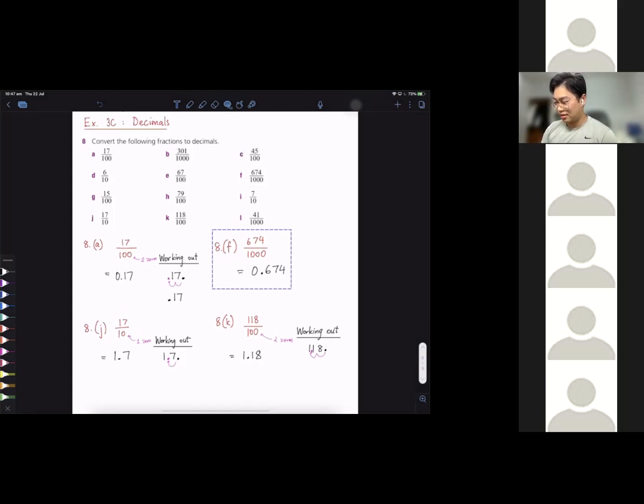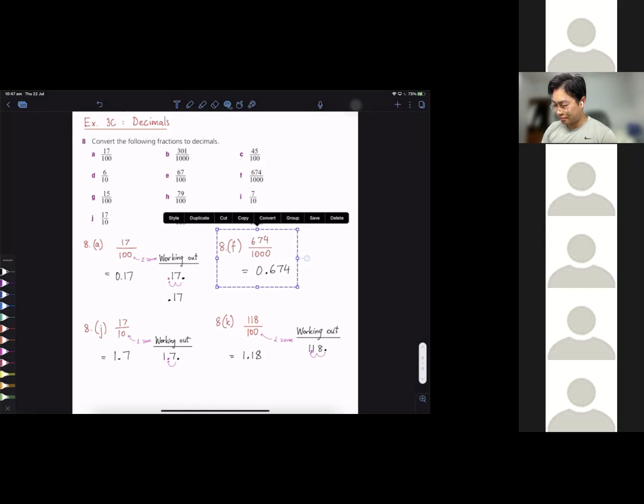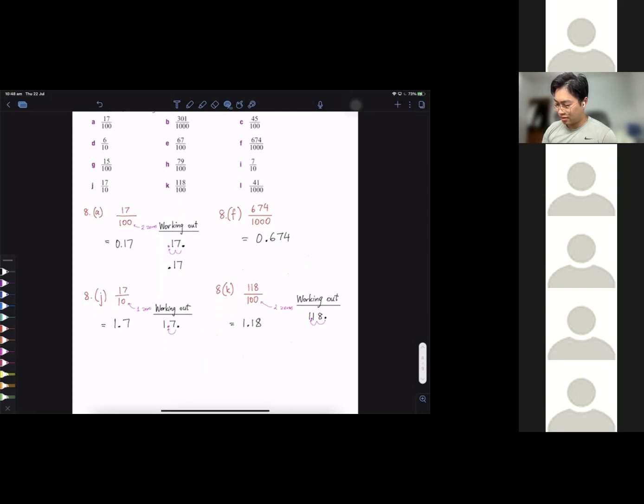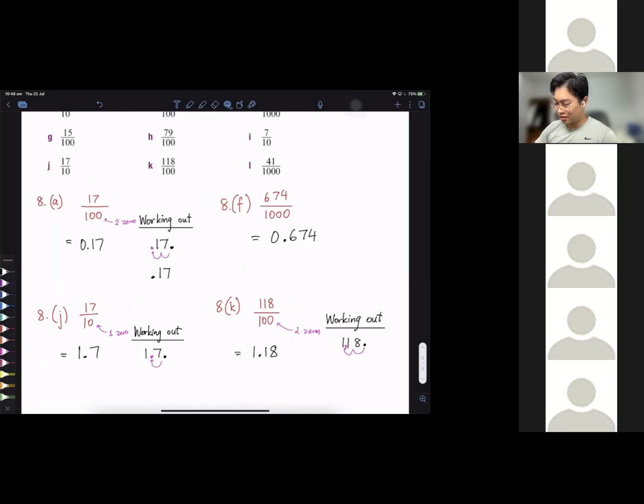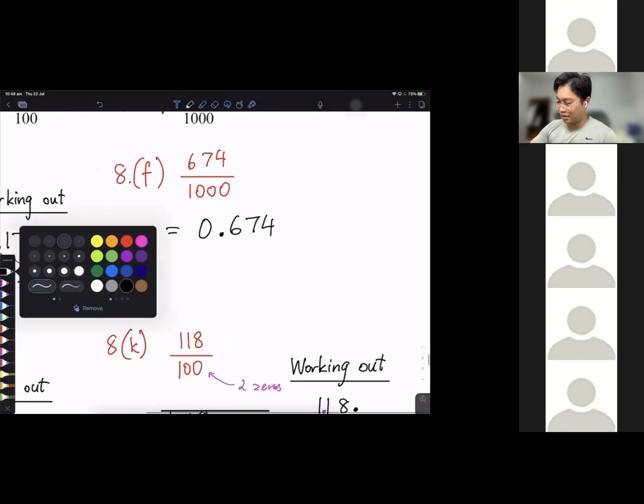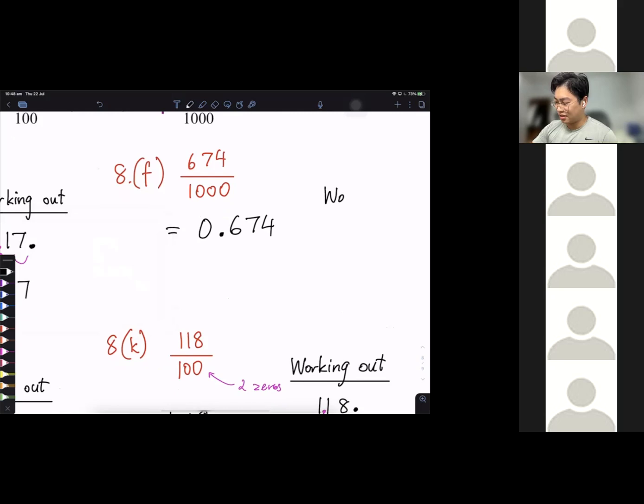A question there: you see for all the other ones how you put the 0, in the working out section? Why didn't you do that for number F? I kind of did a shortcut, but yeah, I'll write down the working out for it now, actually.